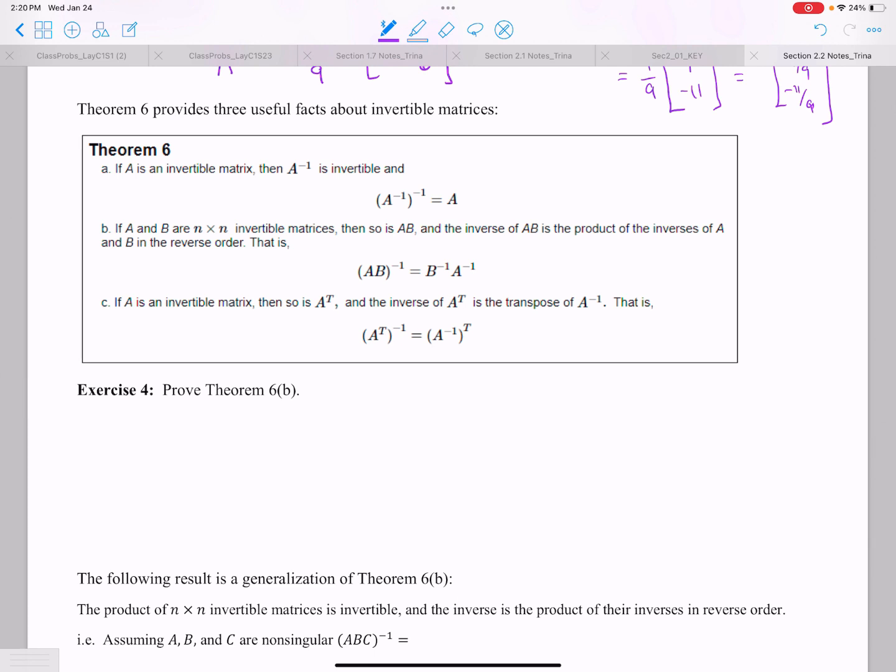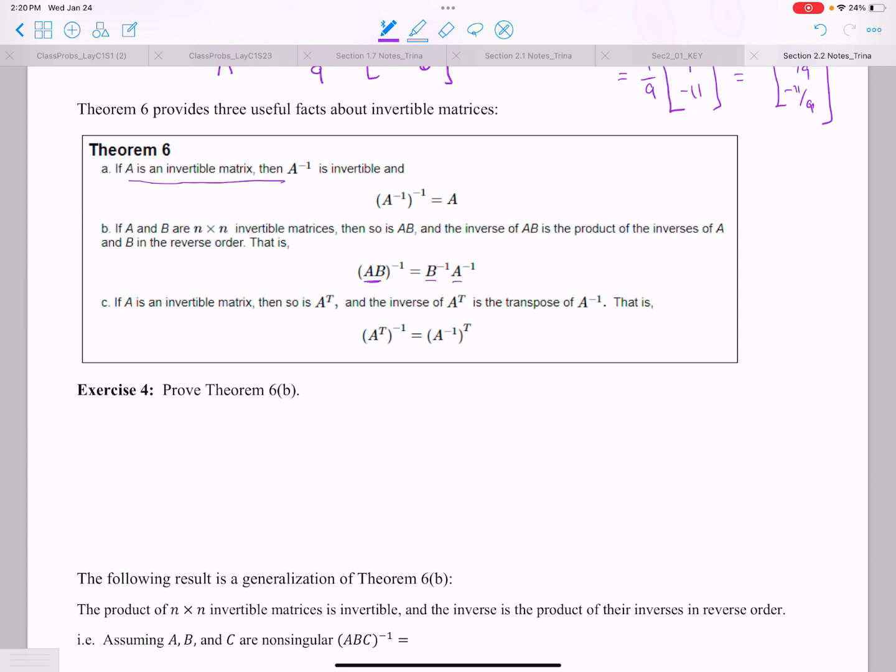Theorem 6 has some facts about invertible matrices. So if A is invertible, then the inverse of the inverse gets you back to A. So that's similar to transpose. If A and B are both invertible, then you can find the inverse of the product of two matrices, and notice the order swaps, just like with transpose.